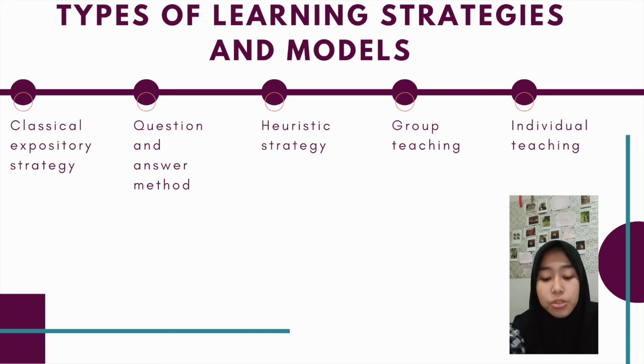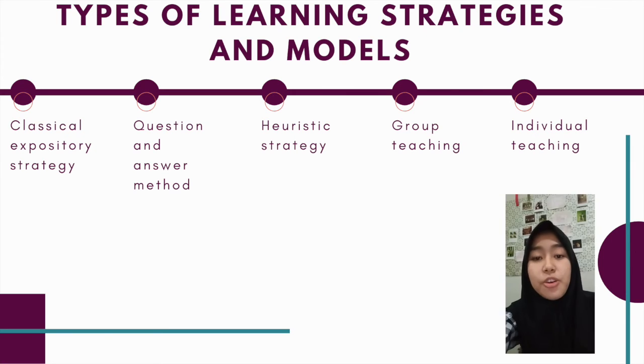Convergent focuses on goals that are more limited or more direct to answer. Divergent is directed at students' varied responses to the teacher's question. Each student can respond differently from the others. Evaluate is a divergent question that is added to evaluate based on criteria.